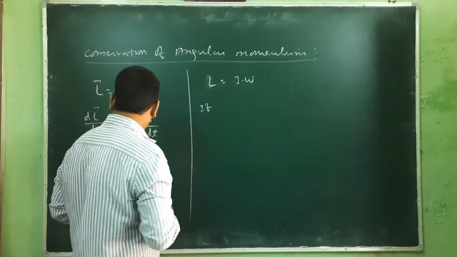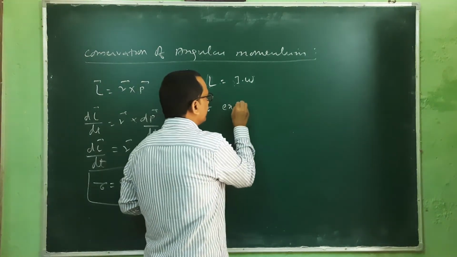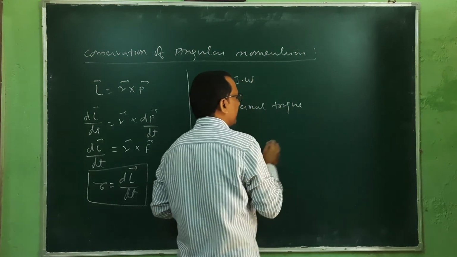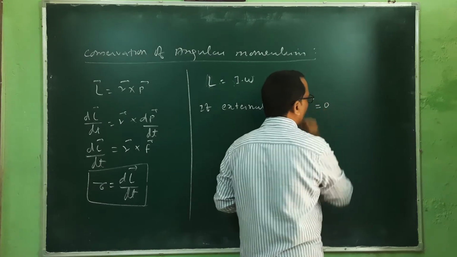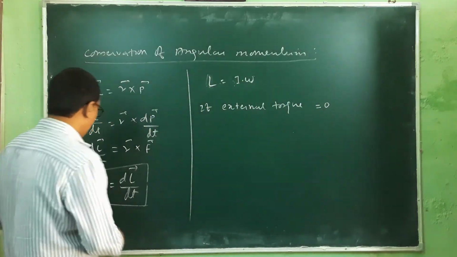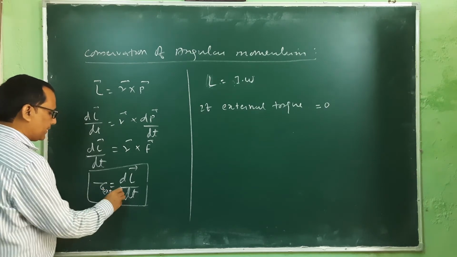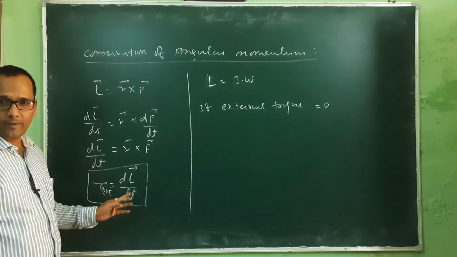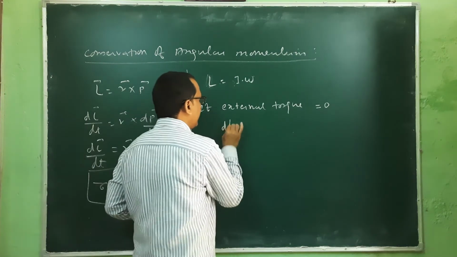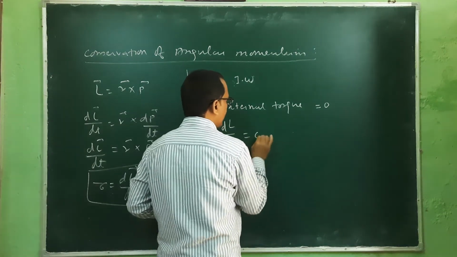So if the total external torque, in equilibrium, is equal to 0, because we have proved that tau external is equal to dL by dt, then if this external torque is equal to 0, dL by dt is equal to 0.